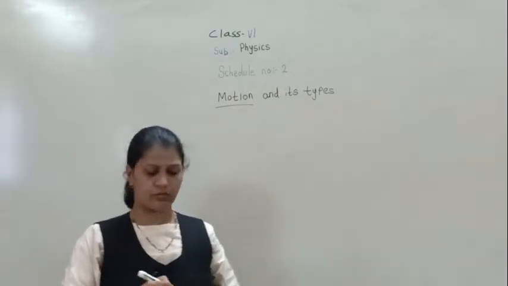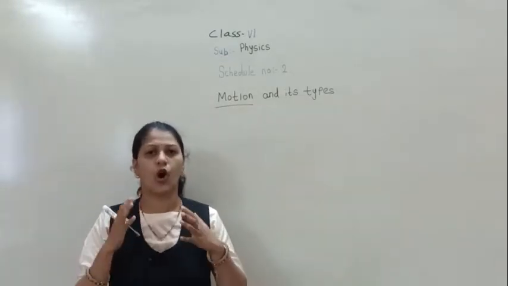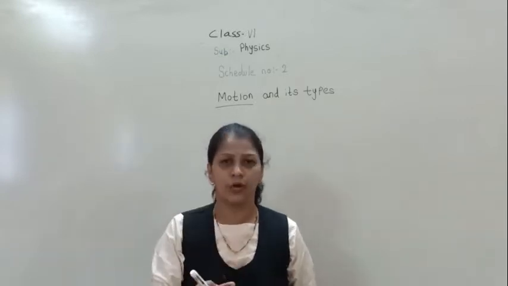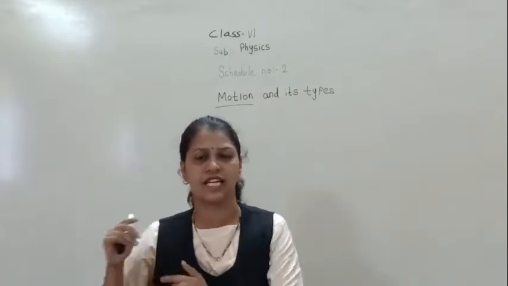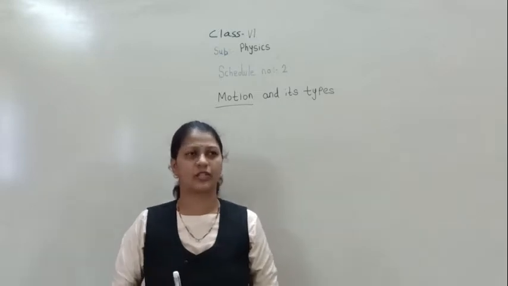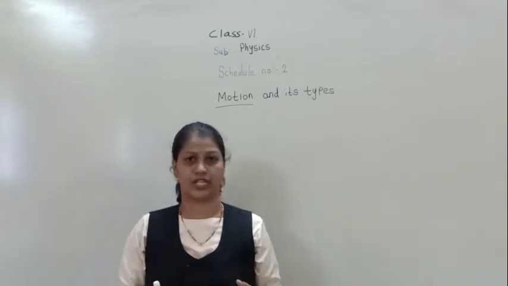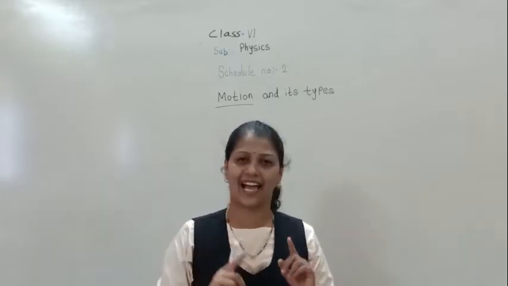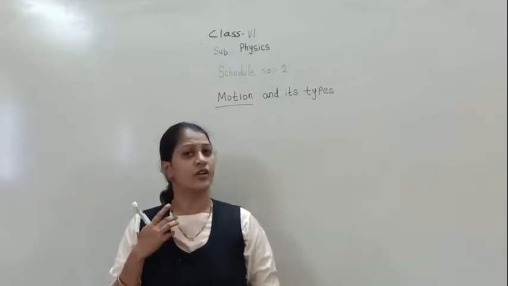What is motion? Motion is when an object is continuously moving with respect to a stationary object. This is very important. Why am I saying with respect to the stationary object? Then only we can say the object is moving.